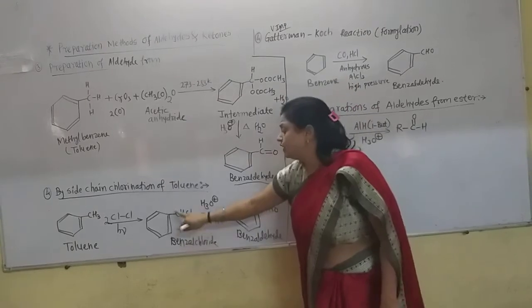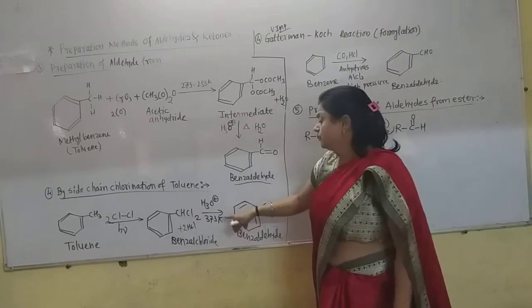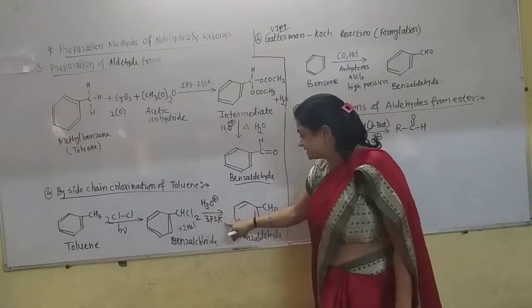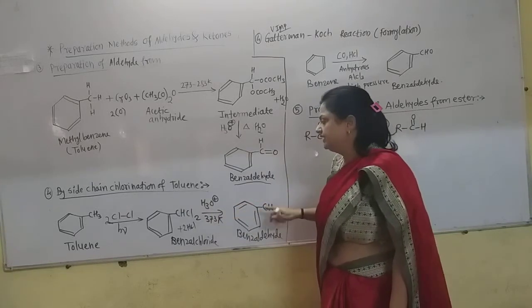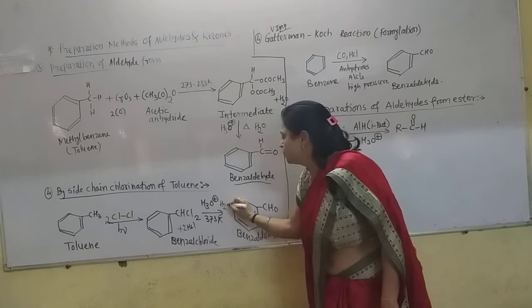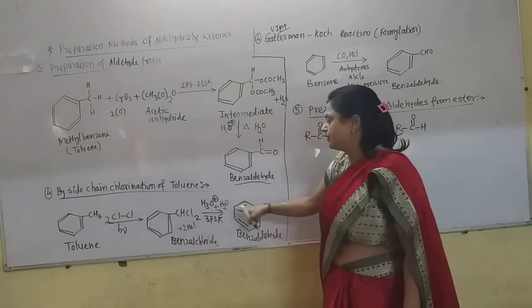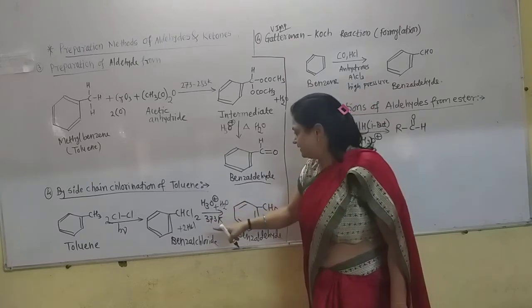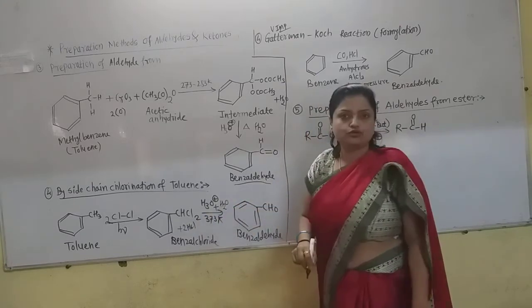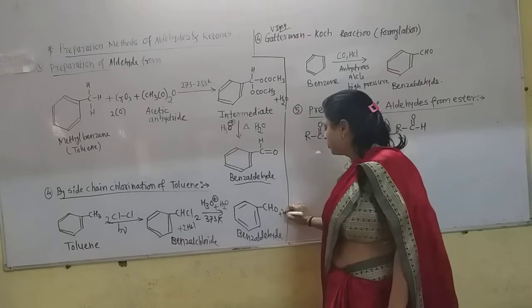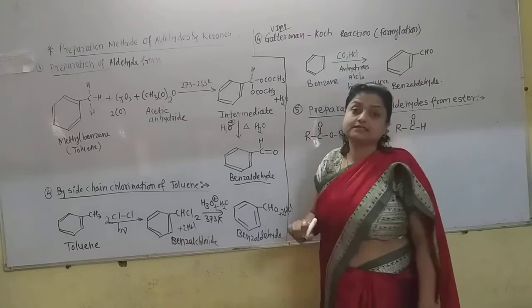This benzyl chloride intermediate, followed by acid hydrolysis, directly gives the aldehyde. Here there is also the addition of a water molecule. The oxygen of the water gets directly attached to this carbon, and the two chlorines and two hydrogens of the water again form twice HCl as the byproduct.